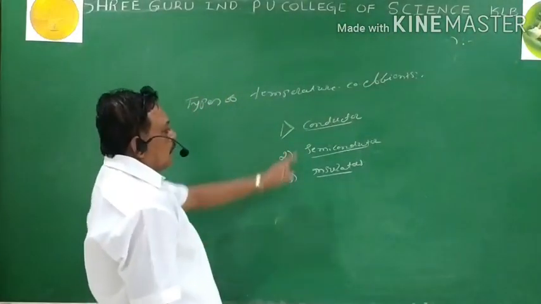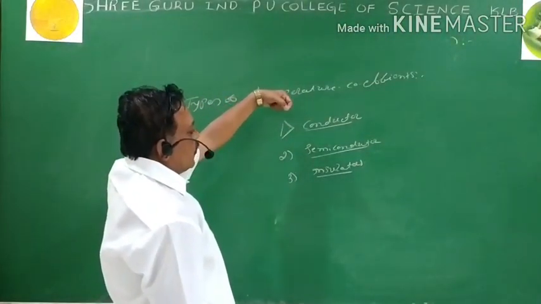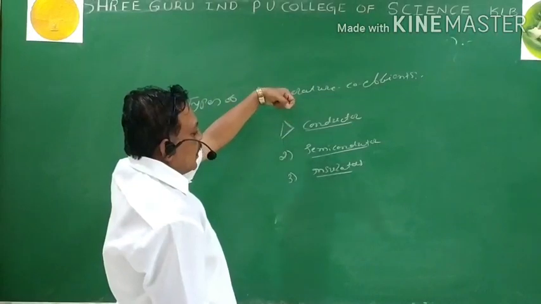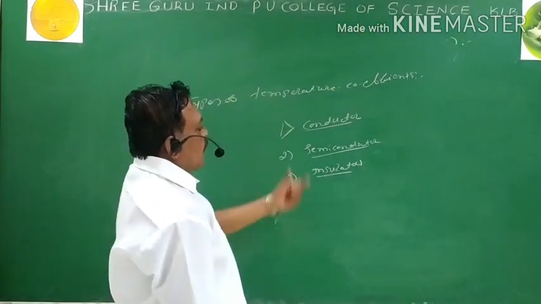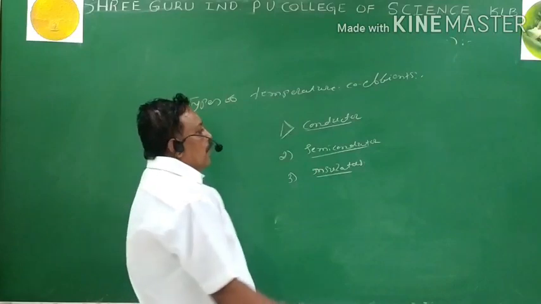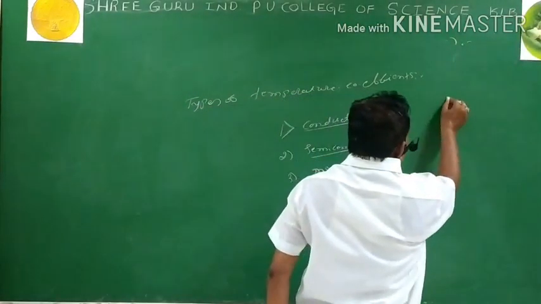On the basis of the availability of a large number of electrons, the availability of charge carriers, the materials are classified as conductor, semiconductor and insulator. Then what is the relation between the resistance and temperature?